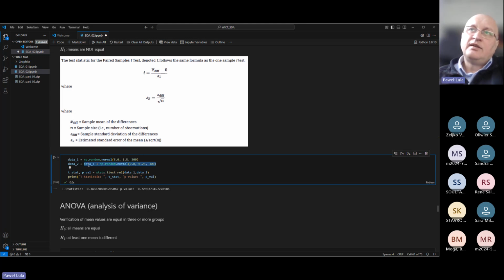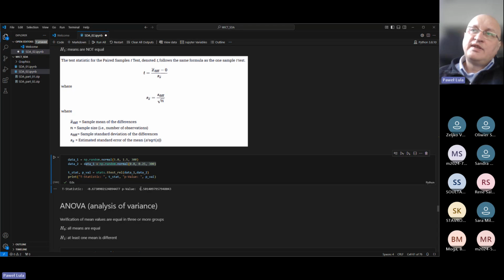So it is data 1 plus random values obtained from this distribution. So we added some random values which we got from a normal distribution to these values which we had at the beginning of this period. And we see how this sample was defined, and we can perform it.